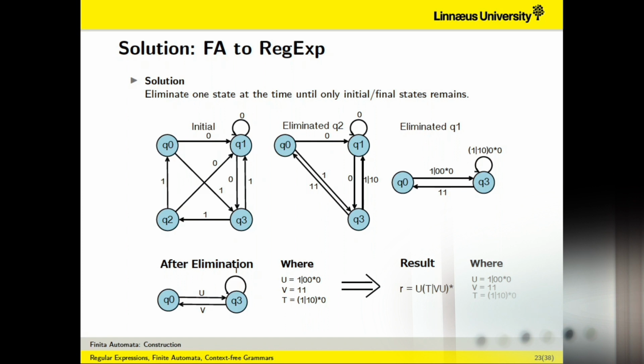Final state is Q3. So from V I can go back to Q0 and come back again to U to this Q3 part. So I have to put V and U as well with the star. It looks a bit complicated, but I think if you try it carefully, it's not very complicated.